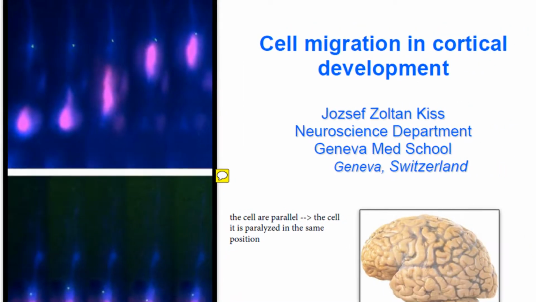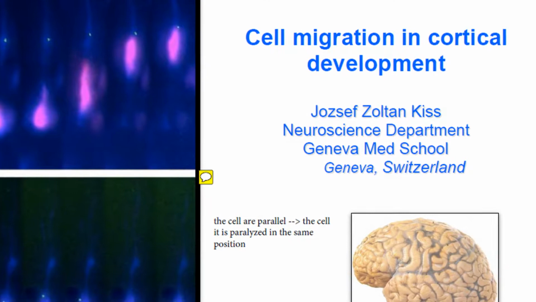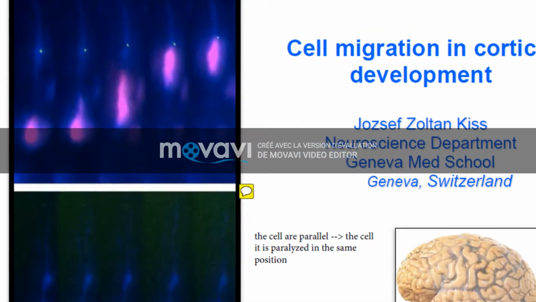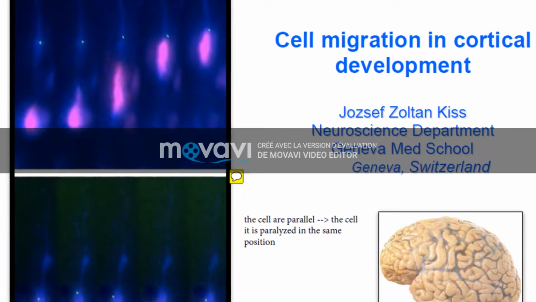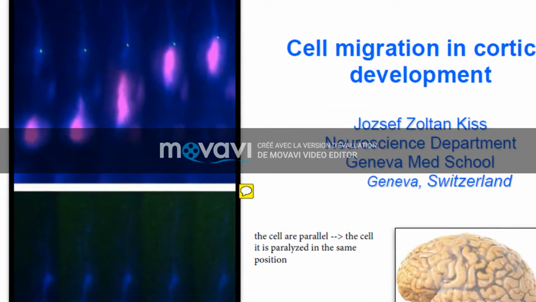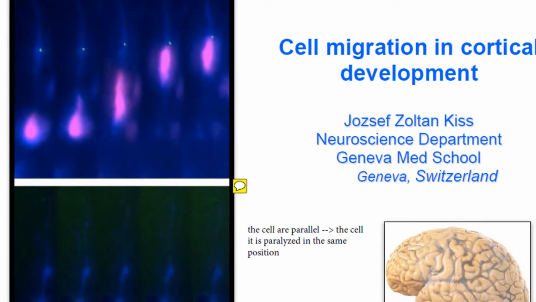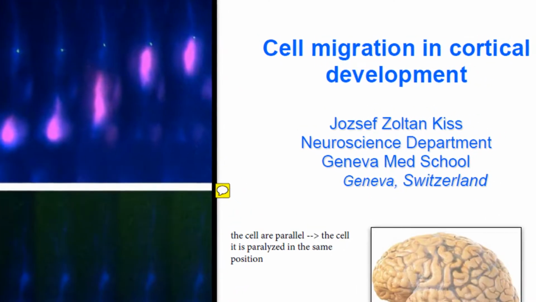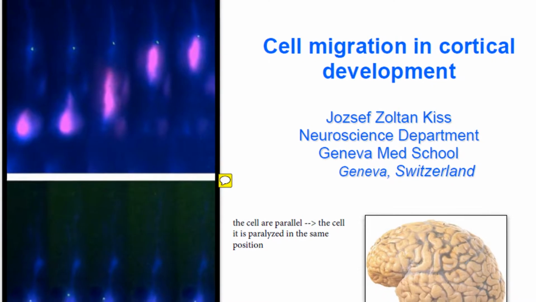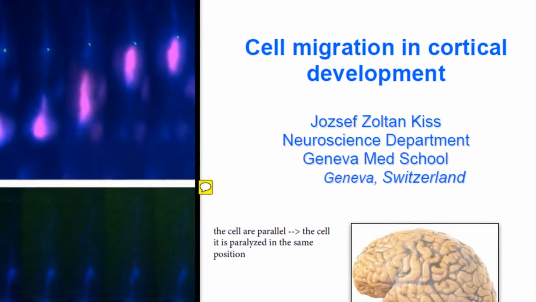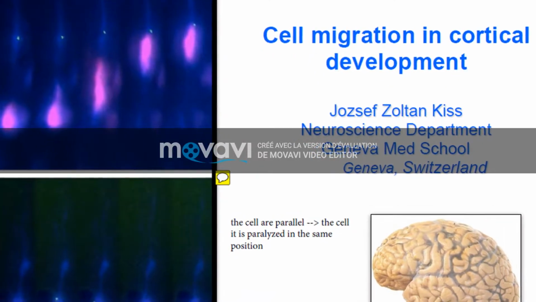This is valid for your other courses, which won't be given by me. First, you remember the layers, the horizontal organization. After conception, the first wave of events is the layer formation. This is what we will discuss today, because it is linked to two major events, neurogenesis and neuronal migration.